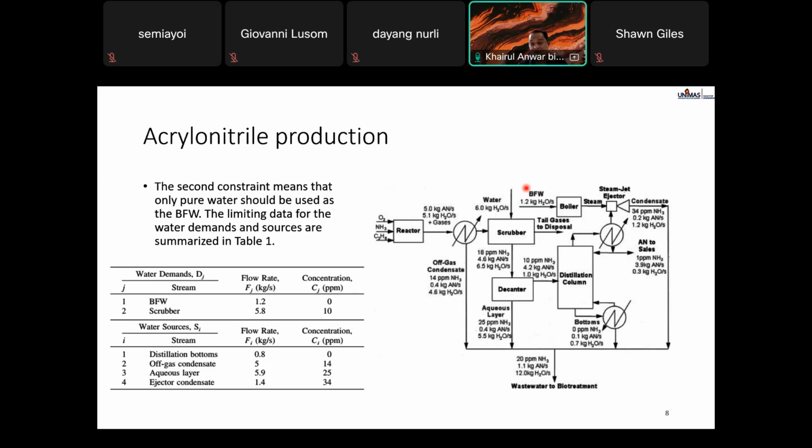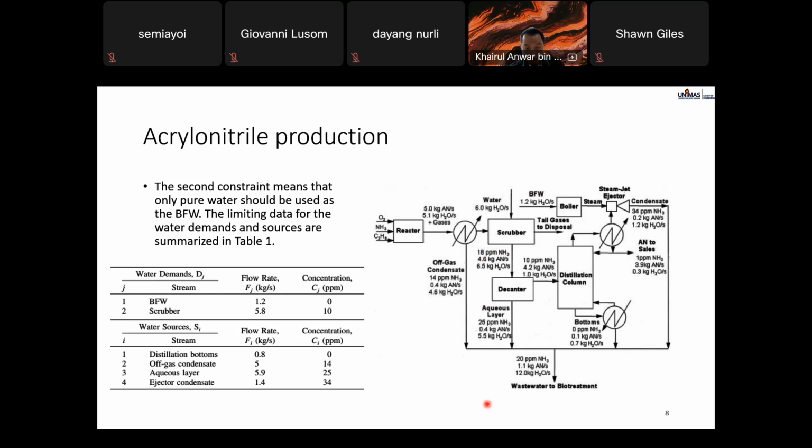The water source is normally easily identified if that stream goes to the wastewater. So the source of the wastewater is normally the water source. Our target is to reduce the water source, by reusing or recycling it, so that we can replace the water demand with the water source.